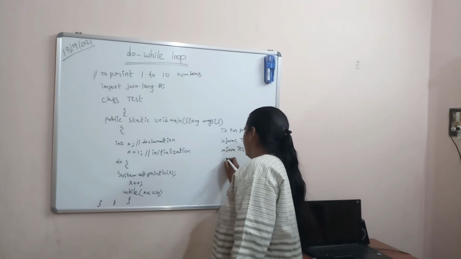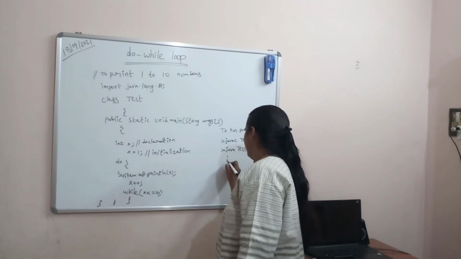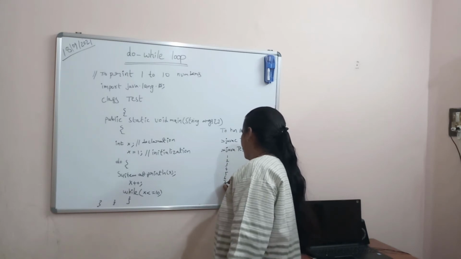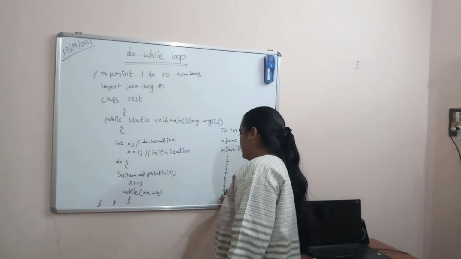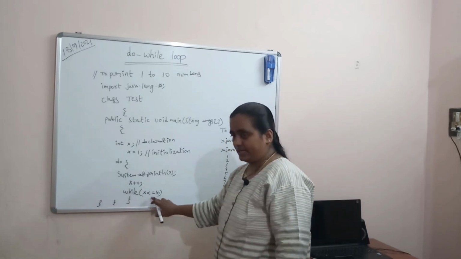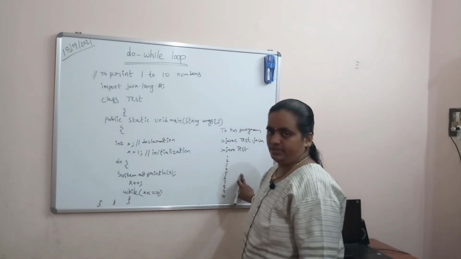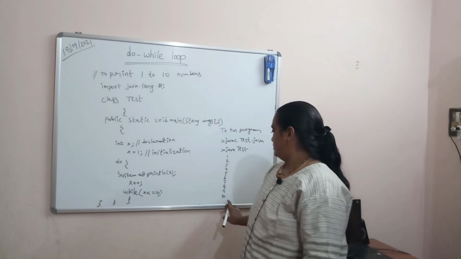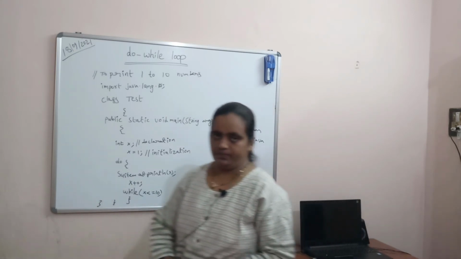Then println prints 1, 2, 3, 4, 5, 6, 7, 8, 9, up to 10, while x is less than or equal to 10. Then it prints 1 to 10 numbers. This is the output of printing 1 to 10 numbers using the do while loop.